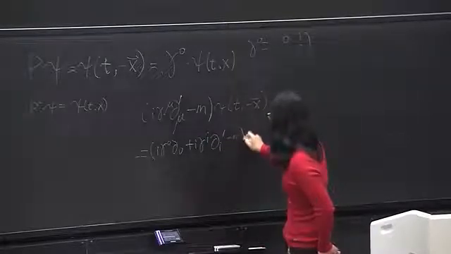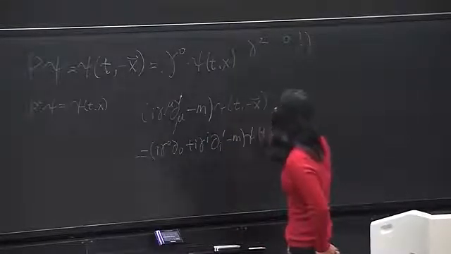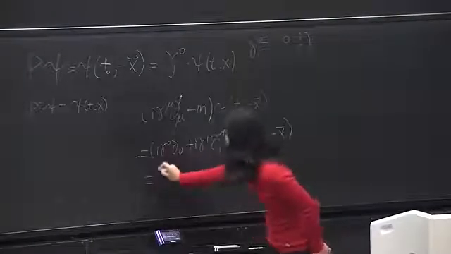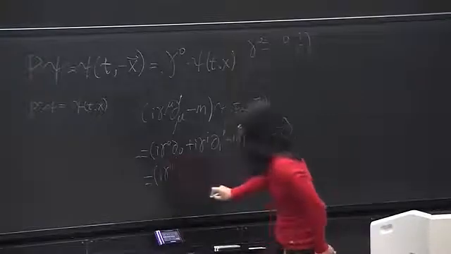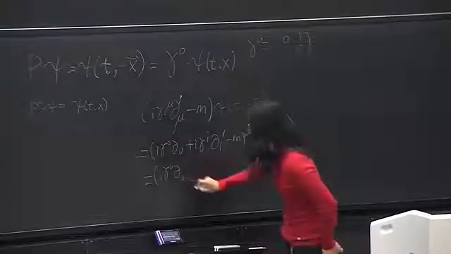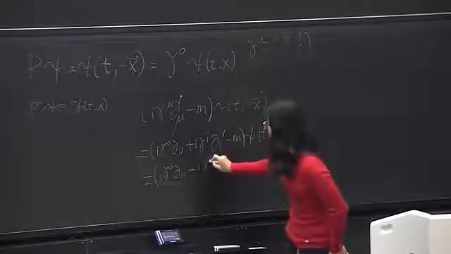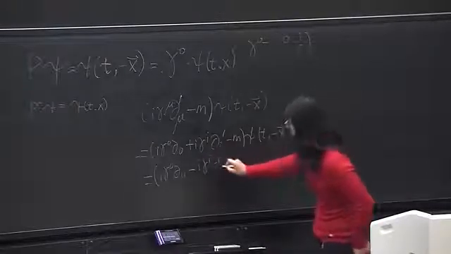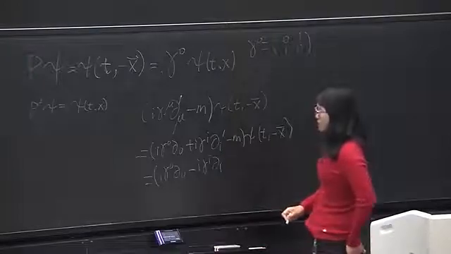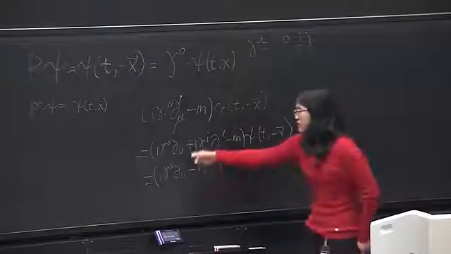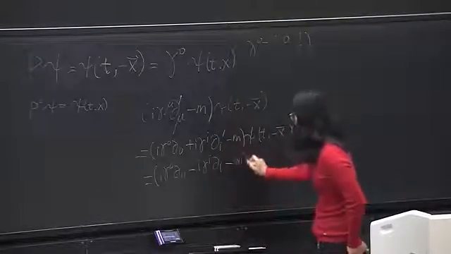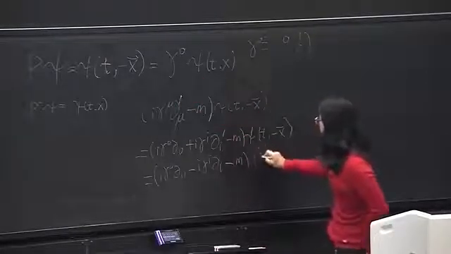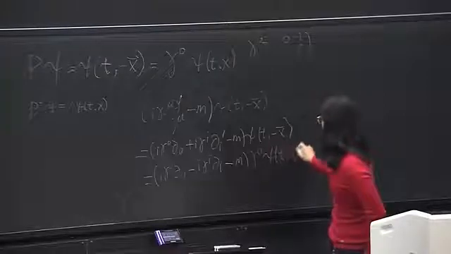Prime. And then doing the derivative on the minus x is like doing the derivative on the x, but with a flip of sign. Now I'll use my formula that says under parity it changes like this. So I have that.